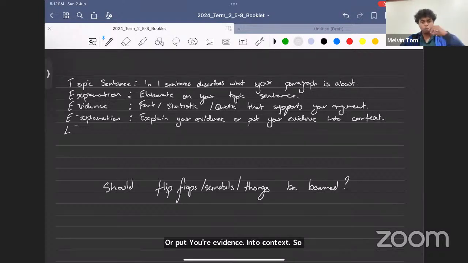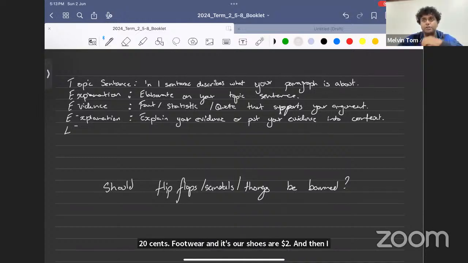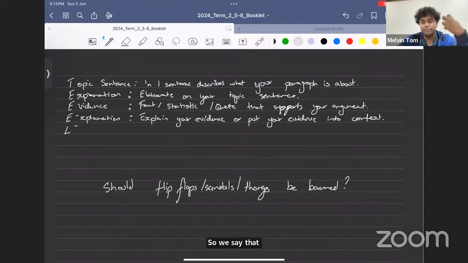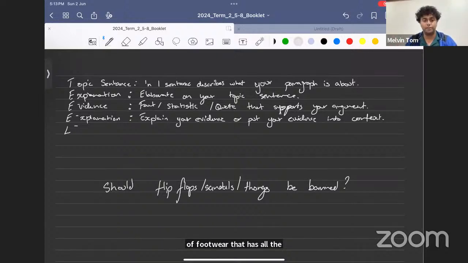So for example, we just said that sandals are 20 cents, shoes are $2. And then now we need to explain why that is relevant. So we say that sandals being 10 times cheaper than footwear can be accessible by almost anyone on the planet. And therefore, it is a wonderful piece of footwear that has all the benefits of a shoe, but at a 10th of the cost. Do you guys understand? You're explaining your evidence. You're putting it into context.